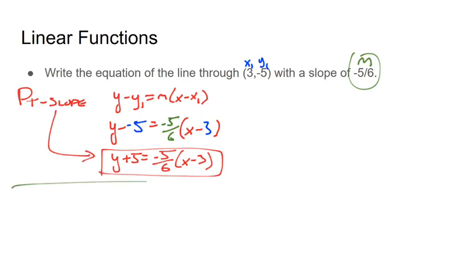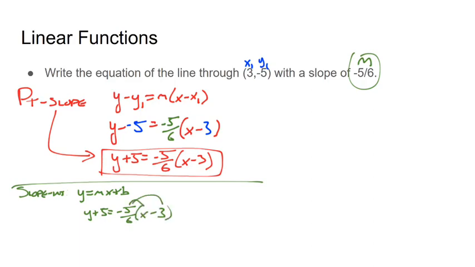Now if we wanted to go slope-intercept, we're looking for y equals mx plus b. So I'm going to start with my point slope, and we're going to do the same thing as last time. I'm going to start by distributing.